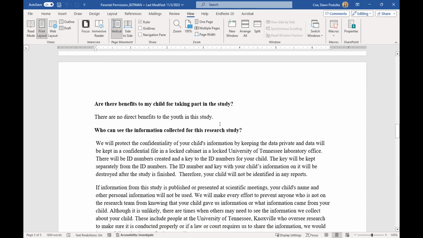Most of what I do, if we're doing just these observational studies, does not have a direct benefit to the child taking part in the study. It may benefit others with the results we find as we create new programs or new ways of assessing individuals, but generally there's no big benefit to kids participating in these studies.